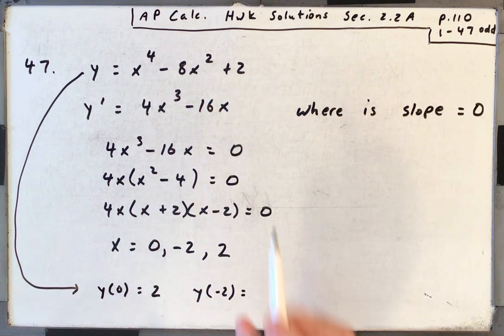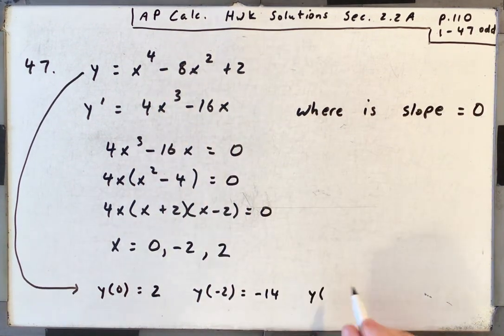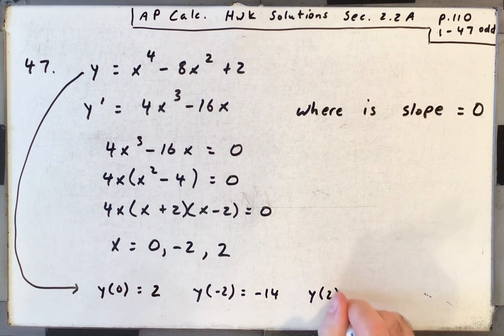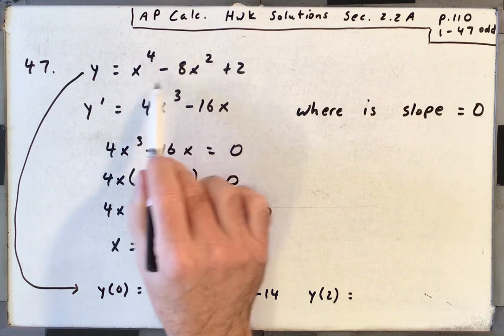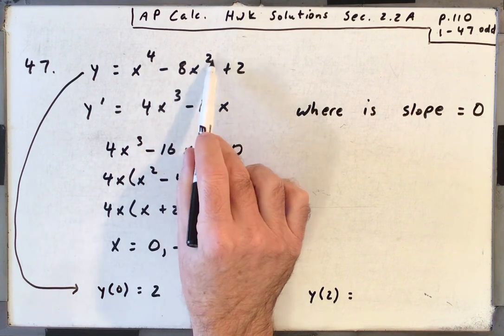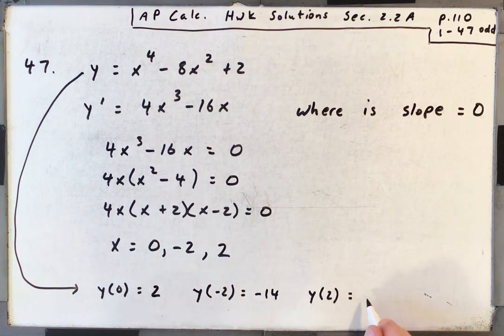So that is negative 14. And feel free to use your calculator if you want on that, I don't care. And then y of 2 would be 2 to the 4th, so that's 16, minus 8 times 2 squared, 16 minus 32 plus 2, also negative 14.